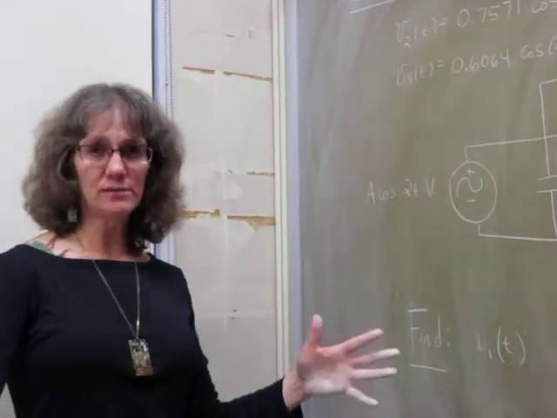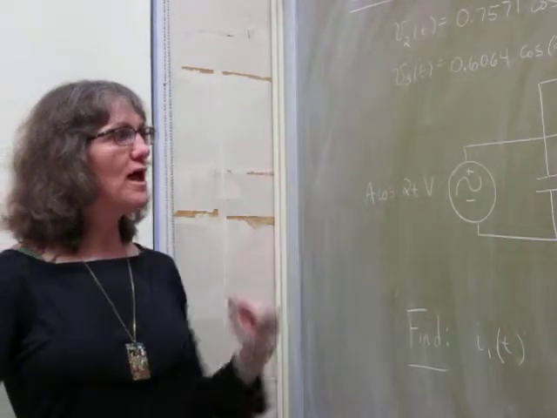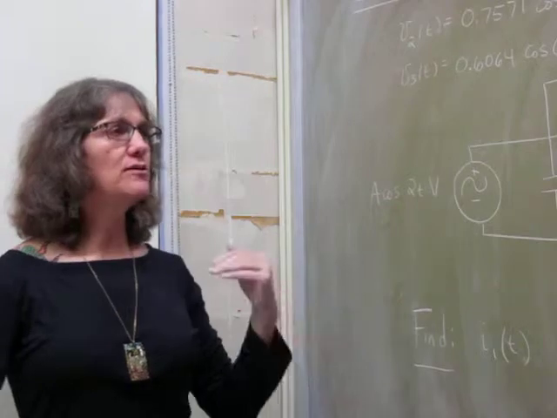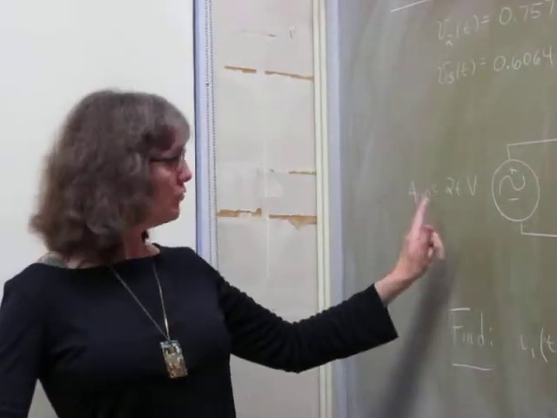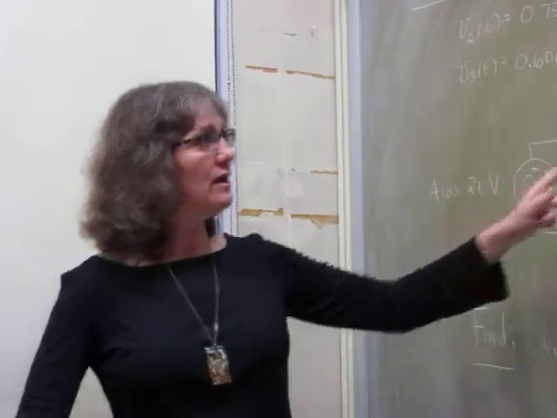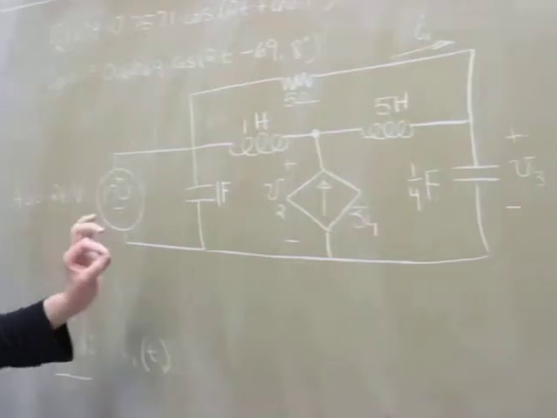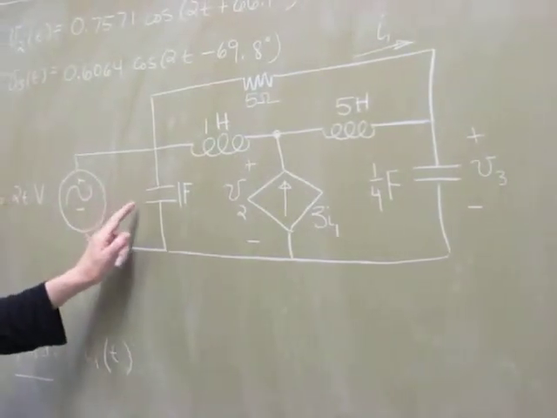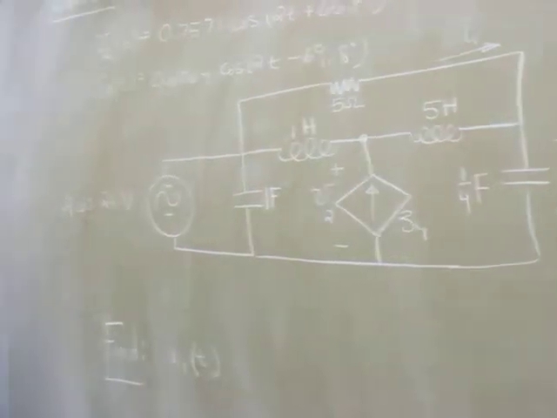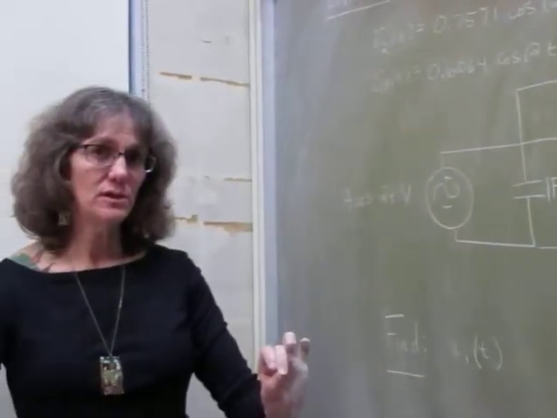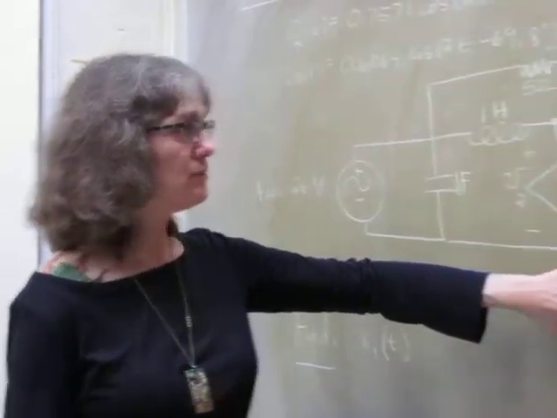That's the whole idea of phasors: we transform everything into what we call the frequency domain. We do that by transforming all the voltages and currents into phasors, and transforming all of the elements, that is a capacitor, an inductor, or a resistor, into impedances. Then we get a picture of this circuit.